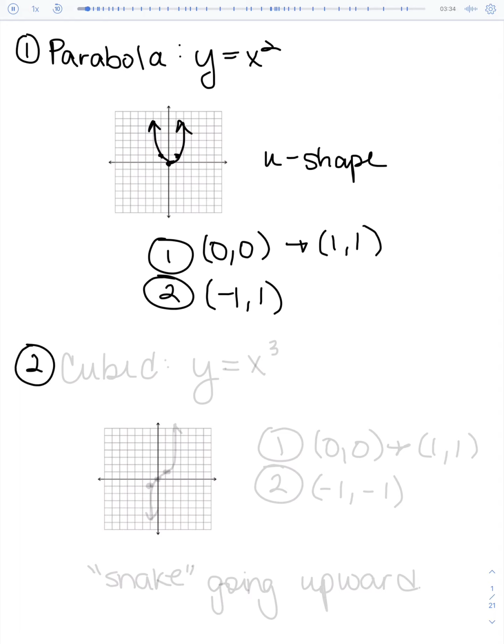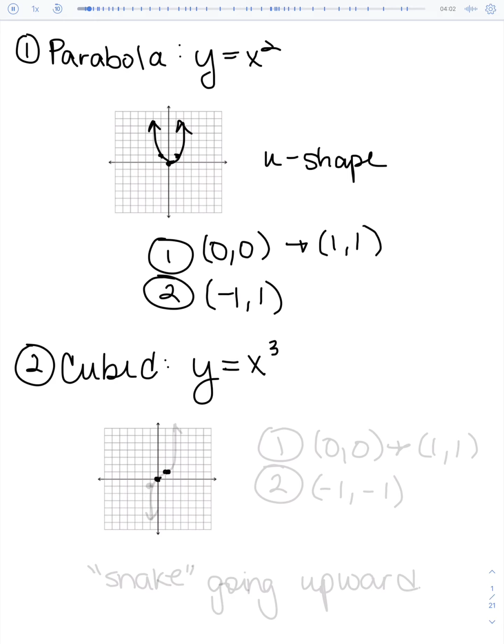The second graph that we hear a lot about, and we'll see a lot about, is the cubed graph, which is y equals x cubed. Now, the cubed graph looks very similar. It starts off by going through the 0, 0 point, and it also goes through the 1, 1 point.